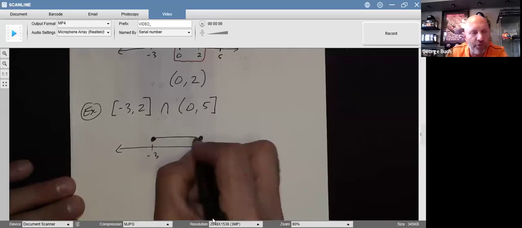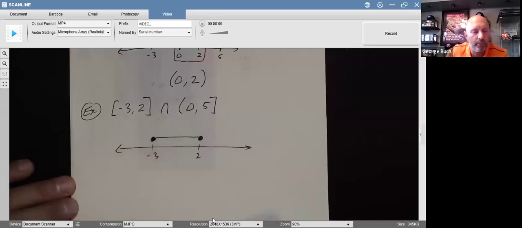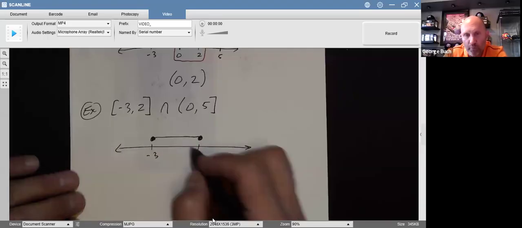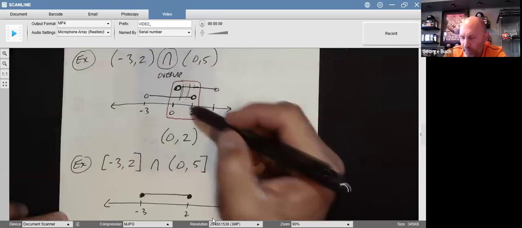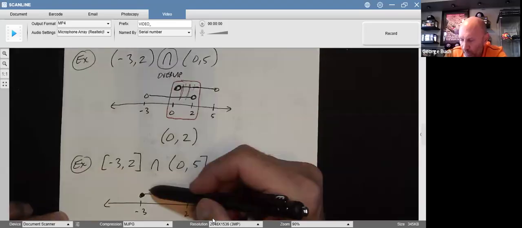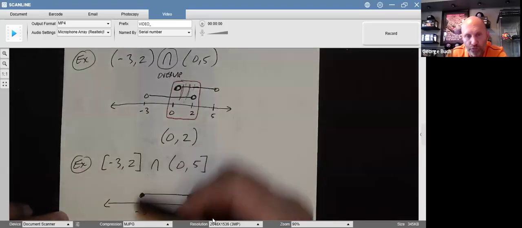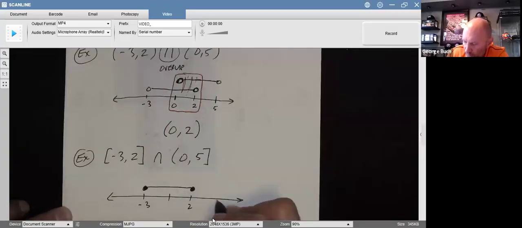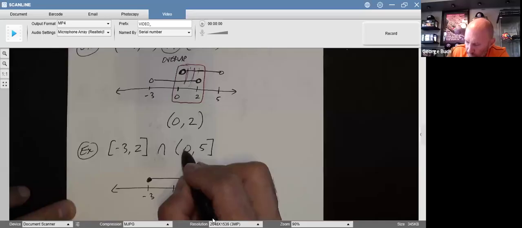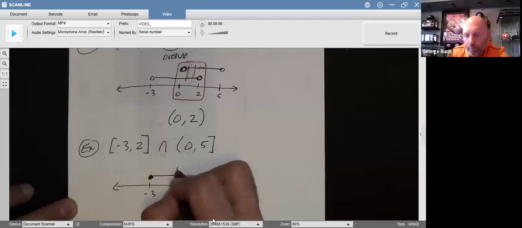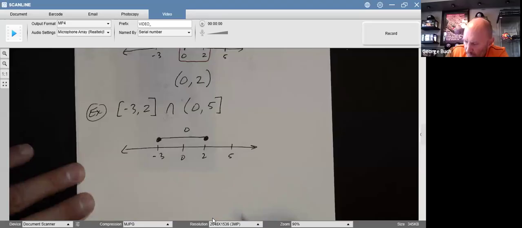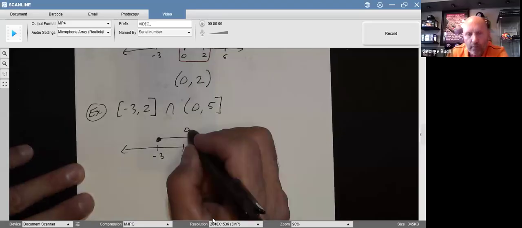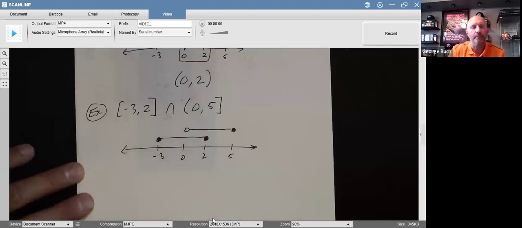So we get that picture there. That's why that differs from up here. Here, because of the parentheses, it got open circles. Now, because of the brackets, they get closed circles. And then 0 to 5, well, 0 still has parentheses, so that's an open circle. But 5 has a bracket, so that's included, so it gets a closed circle. So we get that line.